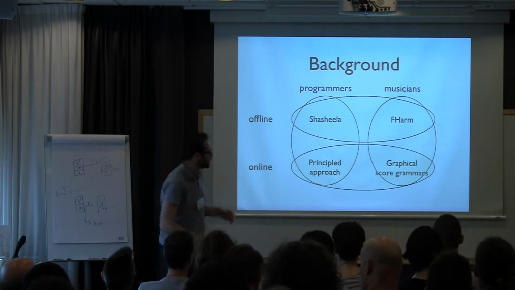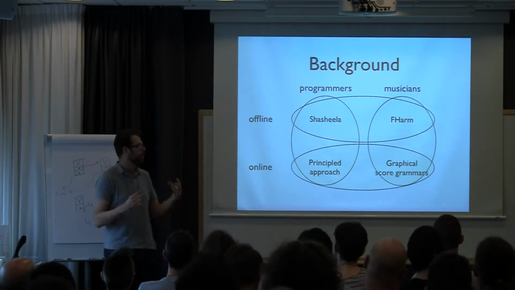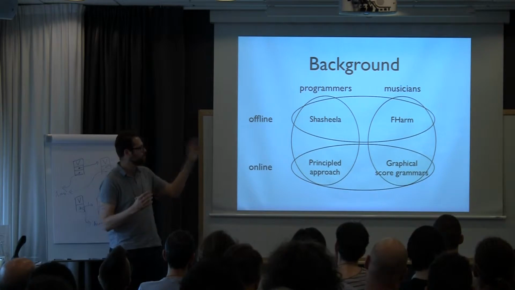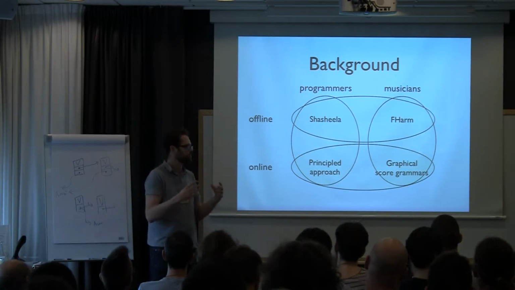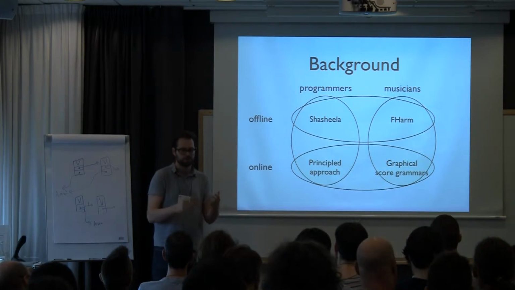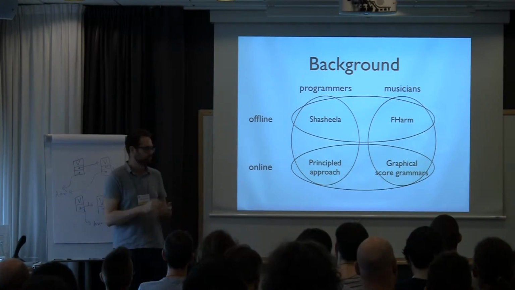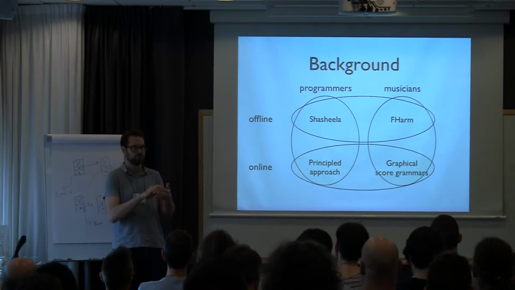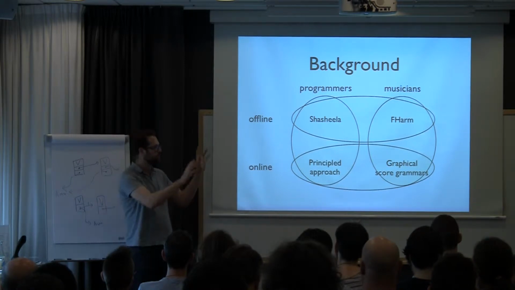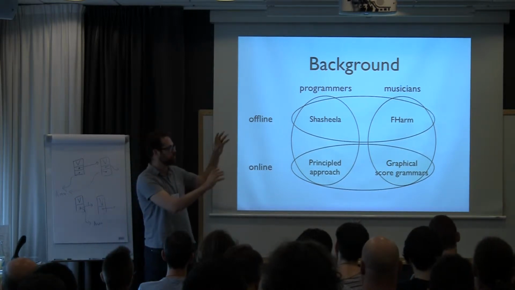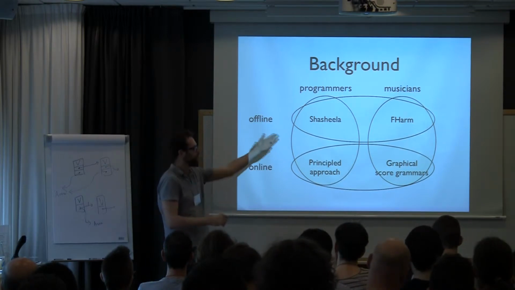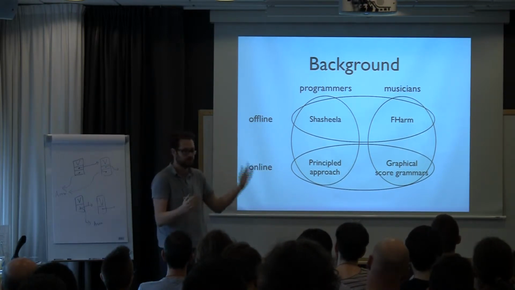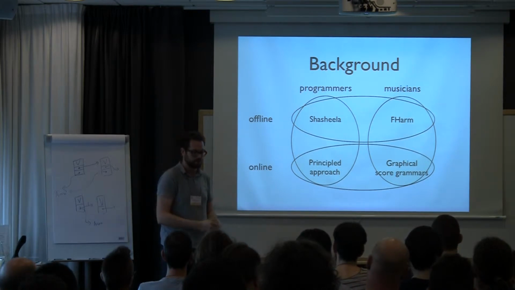It's been extended in graphical score grammars, where instead of typing in code, musicians use mobile devices to compose structured grammars, and use whiteboards to put those sentences next to each other and make a piece of melody.